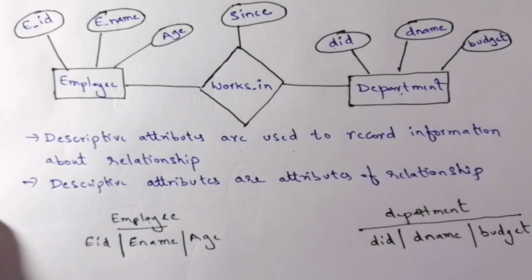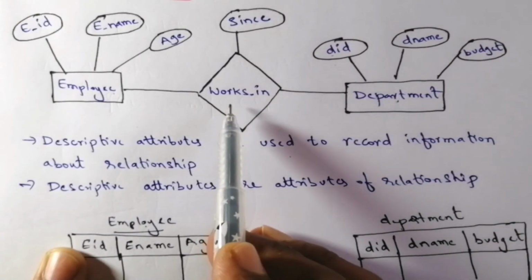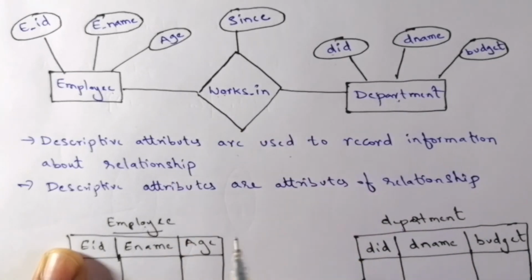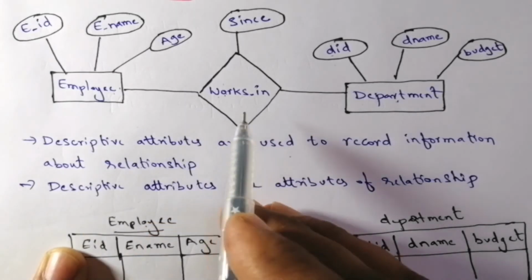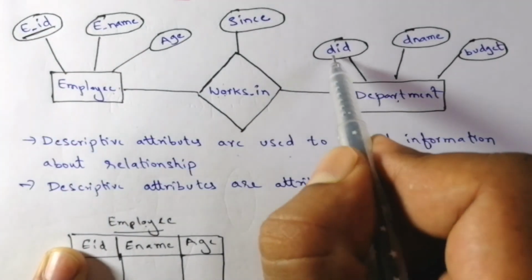And here we have the relation works in. For this relationship, as we have learned so far, we have to take the primary keys of the two participating entities. The primary key of employee is the EID, and the primary key of department is the department ID.